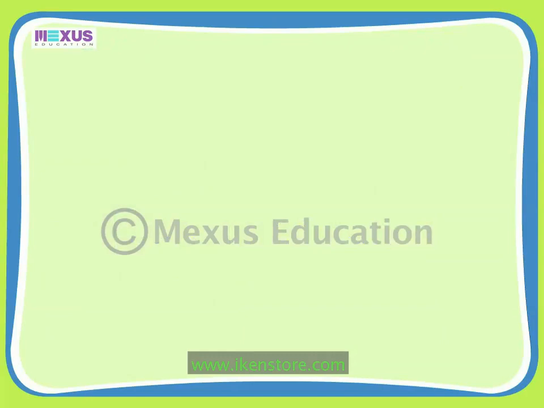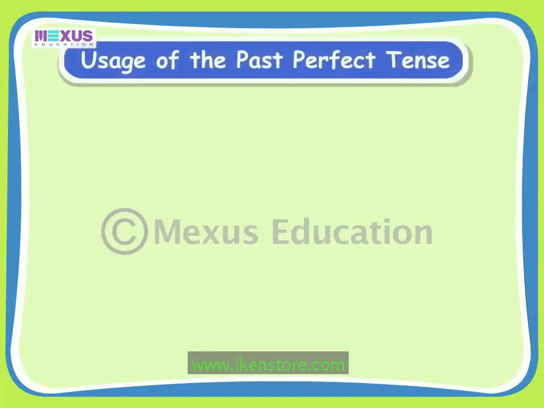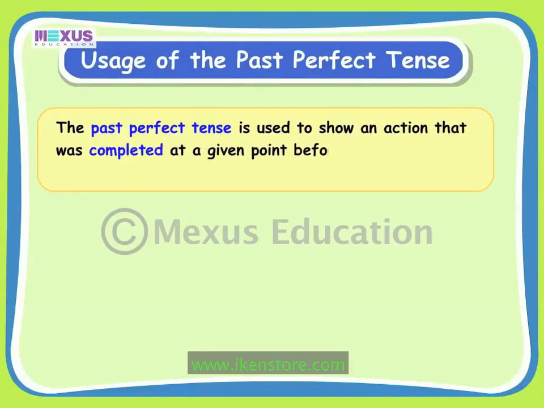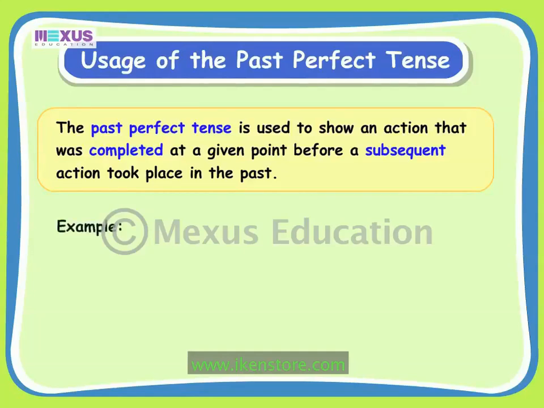Let us now learn the usage of the past perfect tense. The past perfect tense is used to show an action that was completed at a given point before a subsequent action took place in the past. Consider the following example.